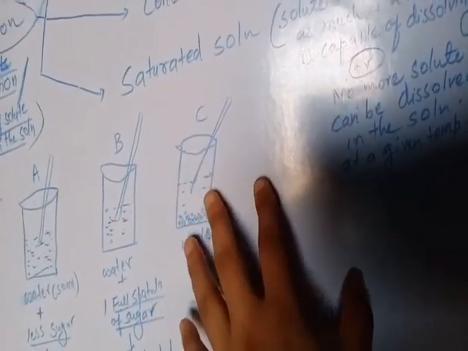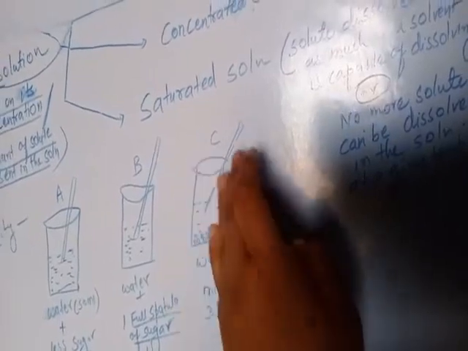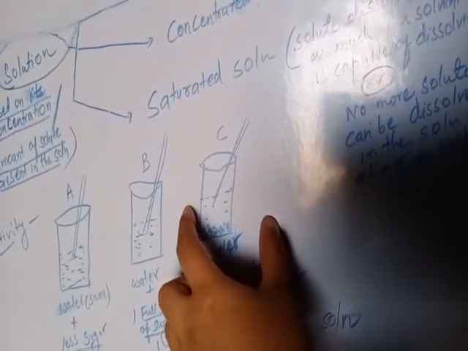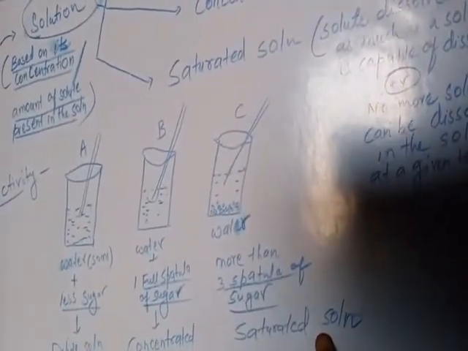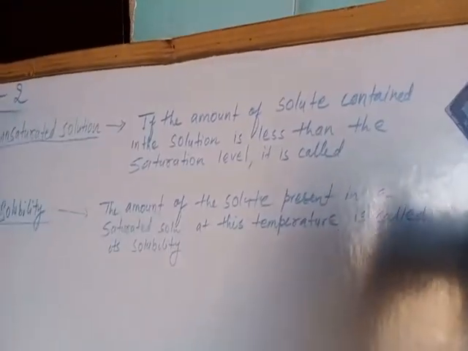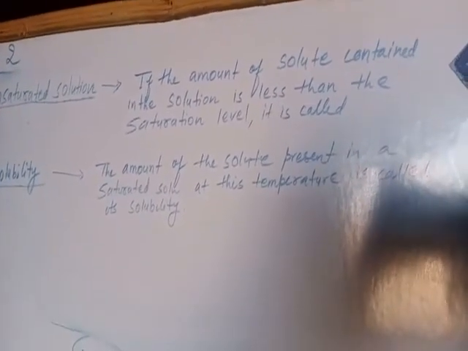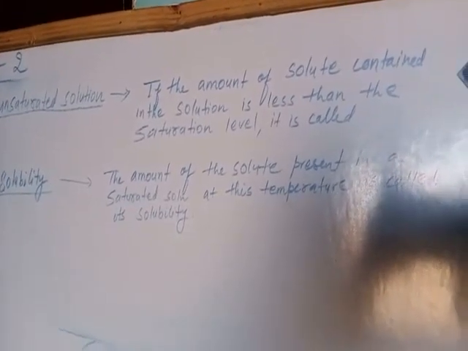Till that time the solution was an unsaturated solution, and the time we added the 4th spatula of sugar particles, the solution became the saturated solution. So we can define the unsaturated solution as one where the amount of solute contained in the solution is less than the saturation level.